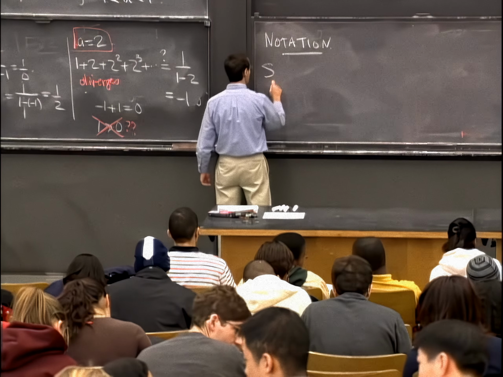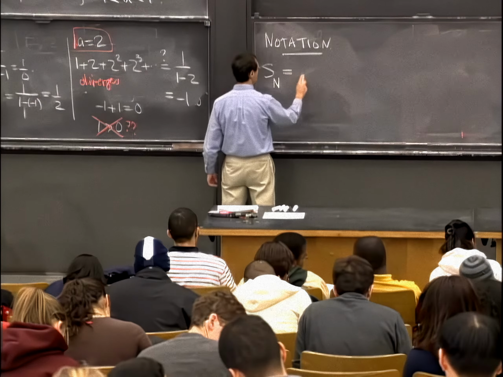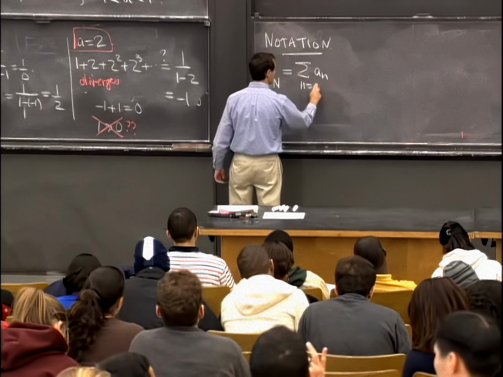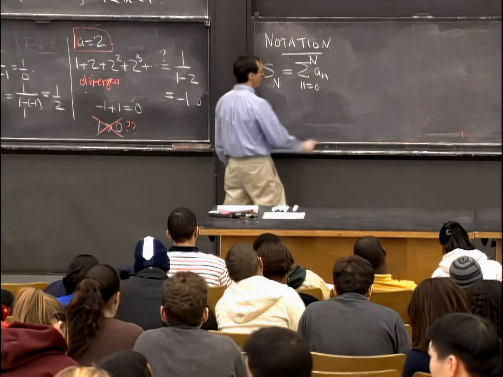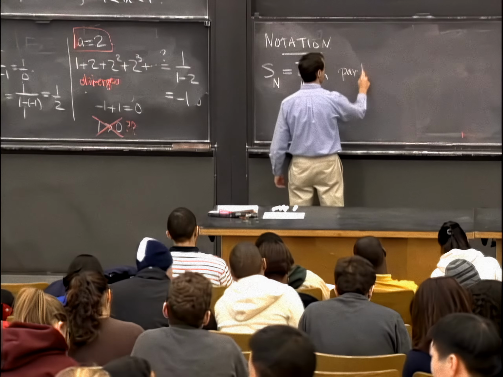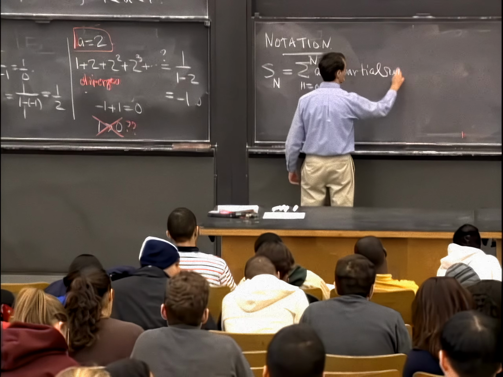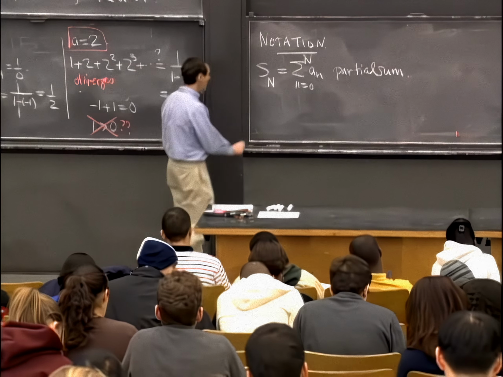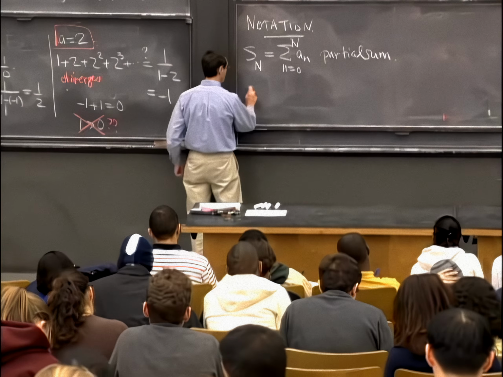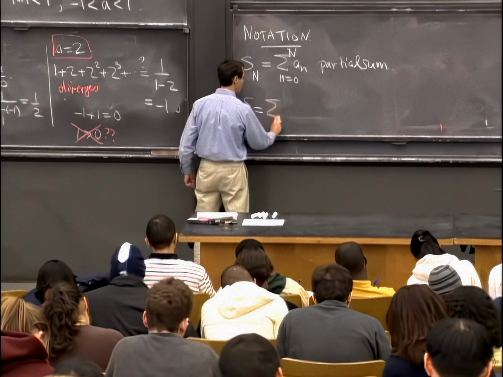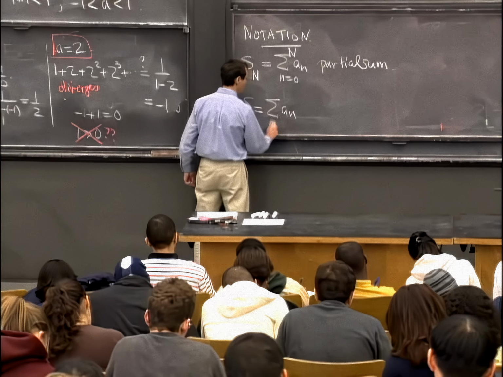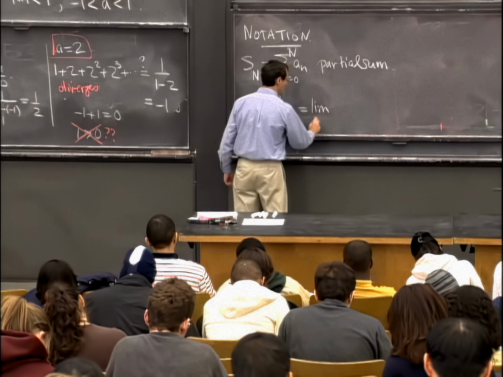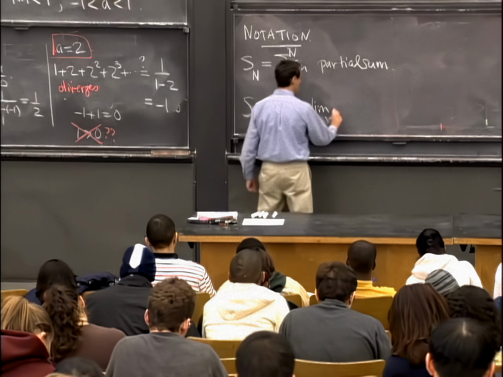Namely, first of all, I'm going to have capital S_N, which is the sum of a_n, n equals 0 to capital N. And this is what we're calling a partial sum. And then the full limit, which is capital S, the sum for n equals 0 to infinity, is just the limit as N goes to infinity of the S_N's.